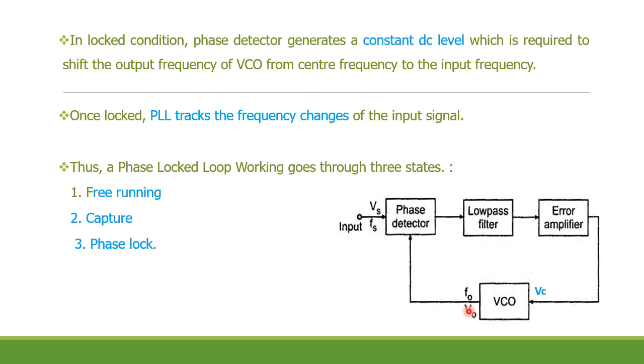In the locked state, the output frequency of the VCO is always equal to the incoming frequency Fs. Thus your PLL works in three different states. It is able to capture the incoming frequency and it is able to track the changes in the incoming frequency.